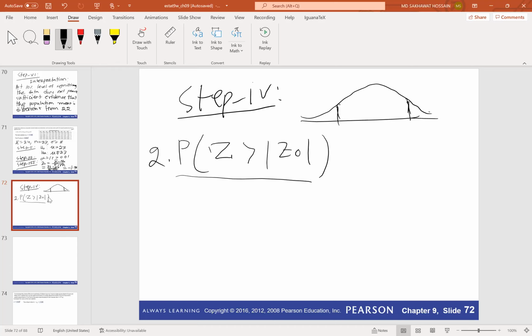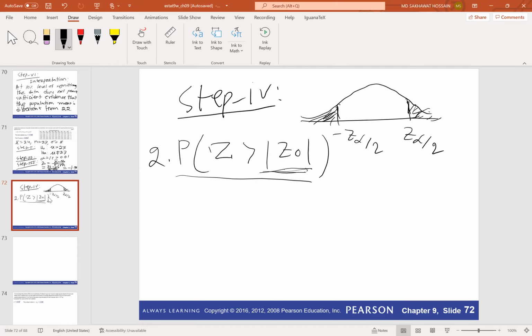Because our rejection region is negative z alpha over 2 and z alpha over 2. Why do we consider the absolute value? Because Z0 could be positive or negative.